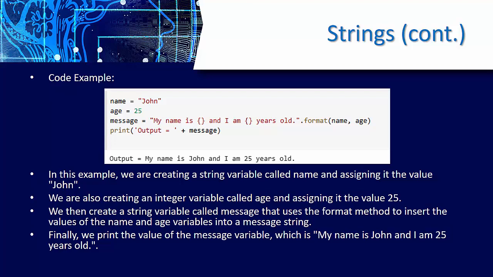We then create a string variable called message that uses the format method to insert the values of the name and age variables in a message string. Finally, we print the value of the message variable, which is "My name is John and I am 25 years old."